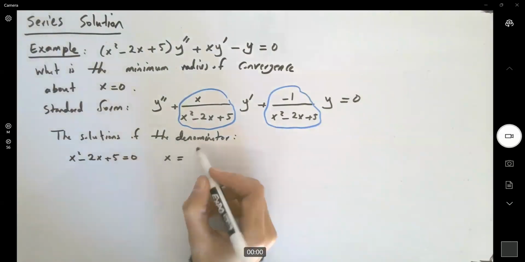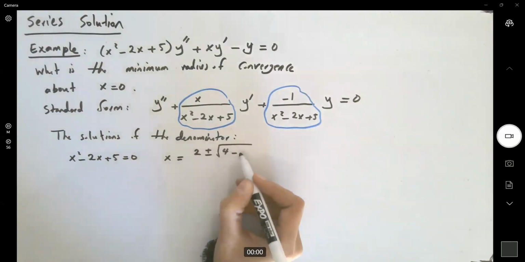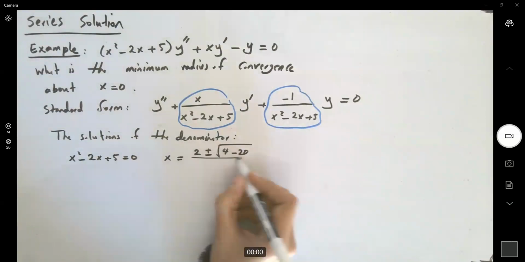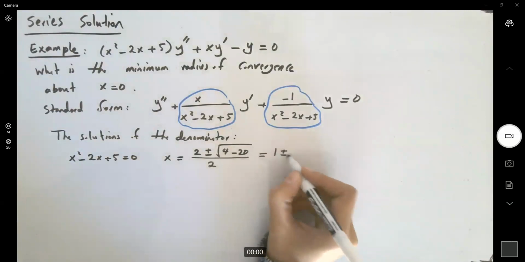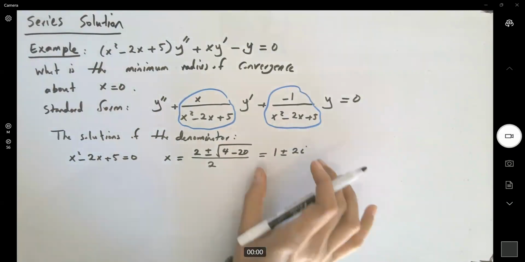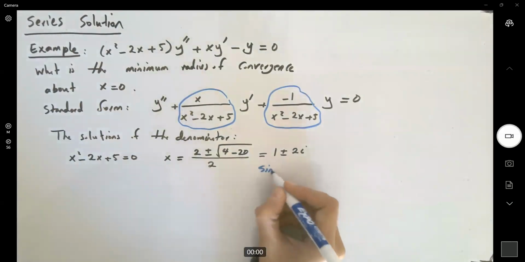Well, x becomes 2 plus or minus the square root of b squared minus 4ac, which is just 20, divided by 2. So as you can see, you have 1 plus or minus, and here we get 2 after the division. So singular points are all complex values.